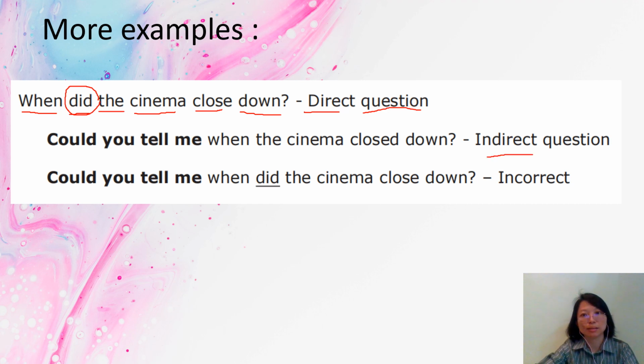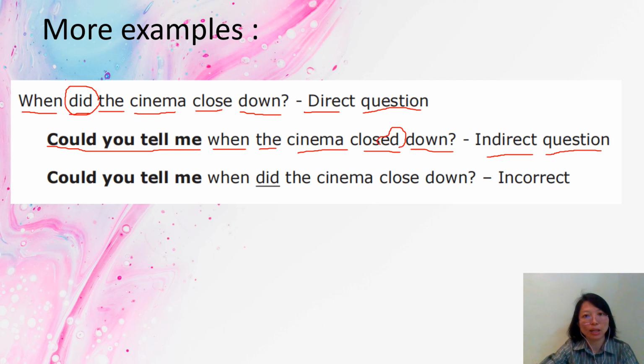For the indirect question, you can use, could you tell me? Then you write when the cinema closed down. Now, if you look at the word close here, it's already in past tense.